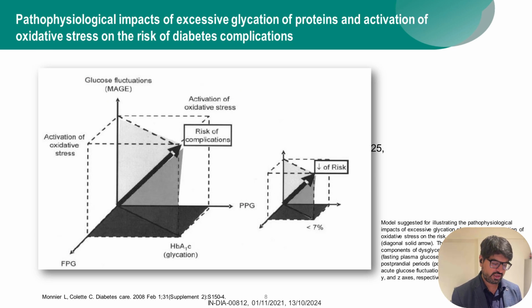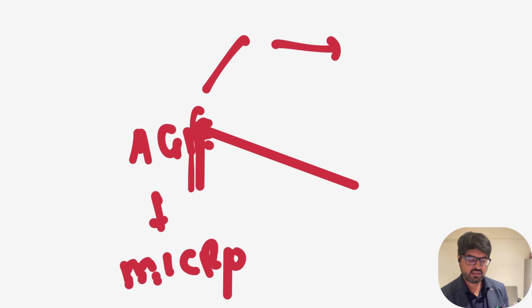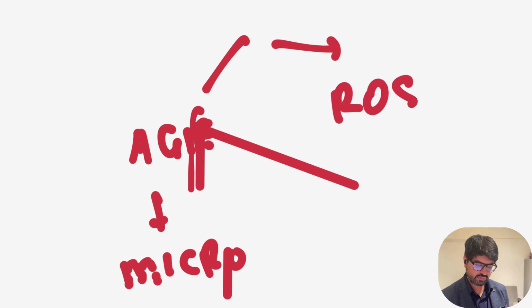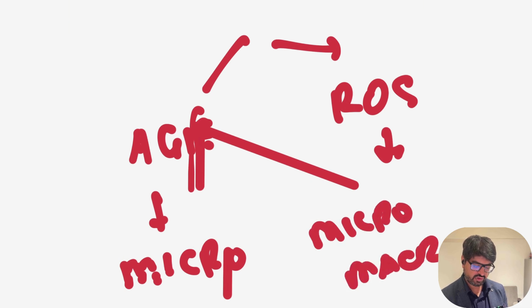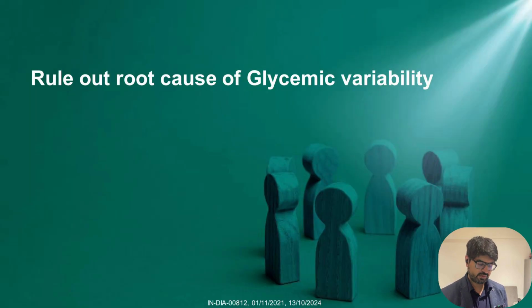If you want to bifurcate that, the increased advanced glycosylation end products mainly contribute to microvascular complications, whereas the reactive oxygen species contribute both to micro as well as macrovascular complications. So if you want to really reduce macrovascular complications, you have to reduce reactive oxygen species. This is an important concept.